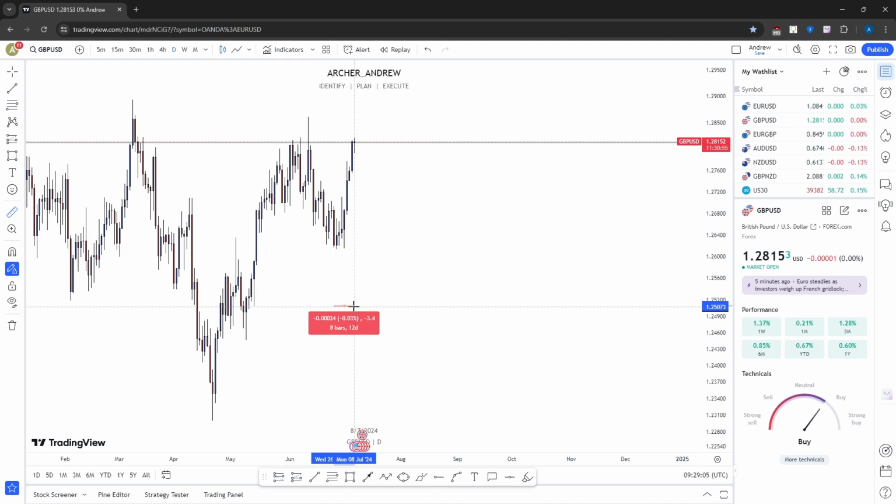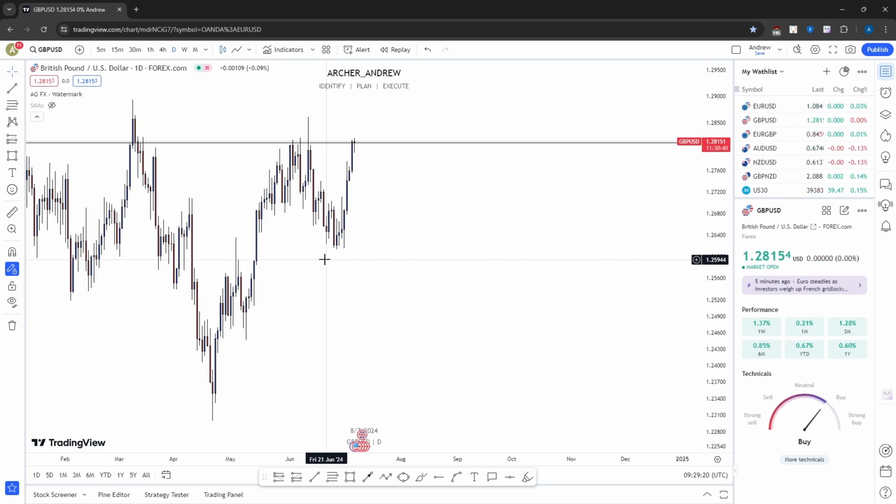See this now. It took 12 days to recover from that fall. So the time and price ratio tells you that the buyers are several levels stronger than the sellers. However, that's for another video.